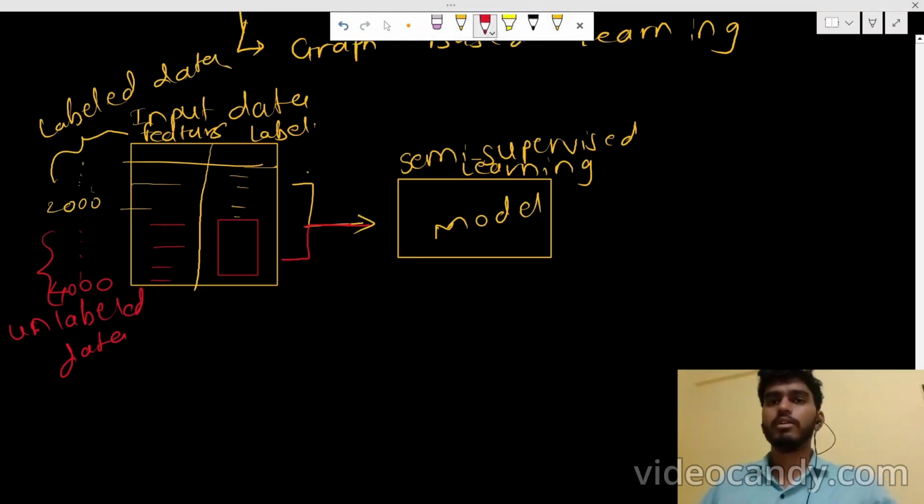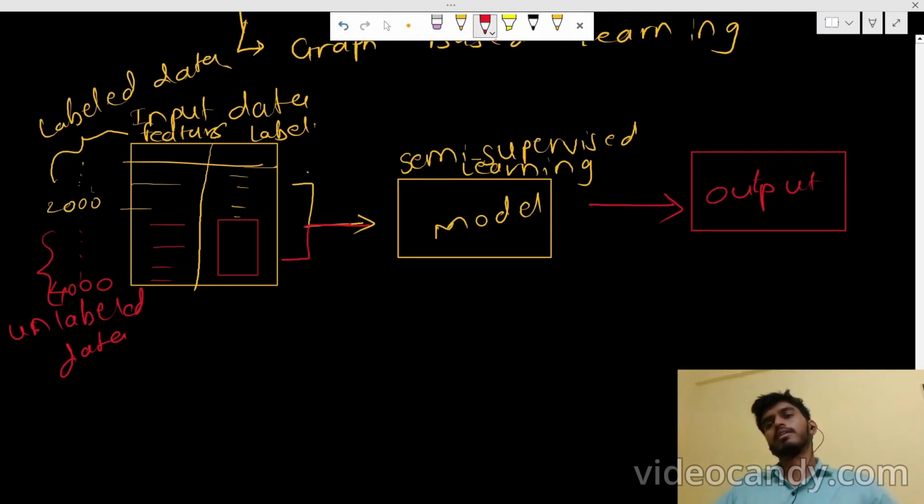Now you will get the output, in the sense of a trained model.